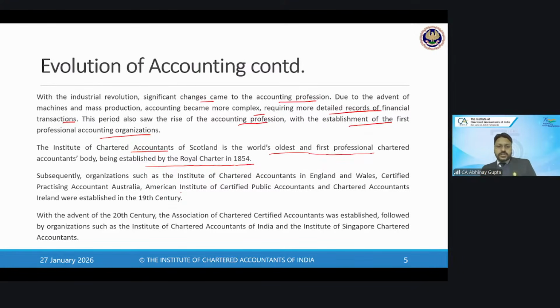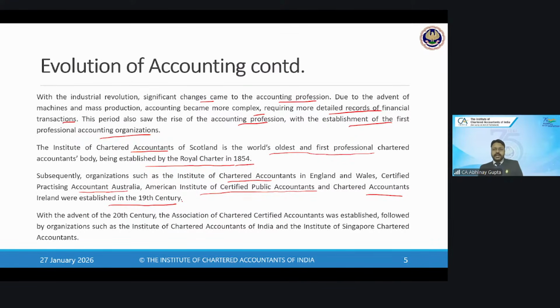Subsequently, organizations such as the Institute of Chartered Accountants of England and Wales, Certified Practicing Accountants Australia, the American Institute of Certified Public Accountants (CPAs), and the Chartered Accountants of Ireland were established in the 19th century. Right.